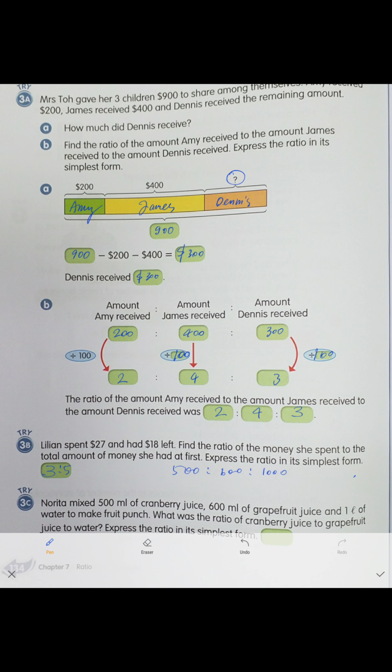Because these are milliliters. Don't forget, you cannot operate with one ratio with different units, and this is liter. 1 liter is 1000 milliliters, right? So now this is your ratio. Okay, and you can see clearly we can remove these zeros, we can simplify, we can divide everything by 100, and it's gonna be 5 to 6 to 10, and that's your answer. 5 to 6 to 10, that's your ratio.